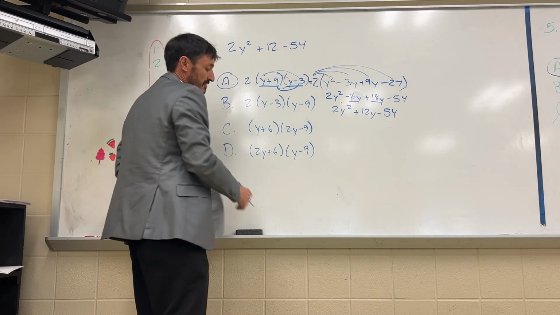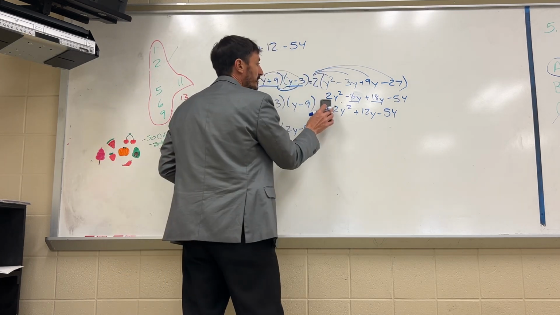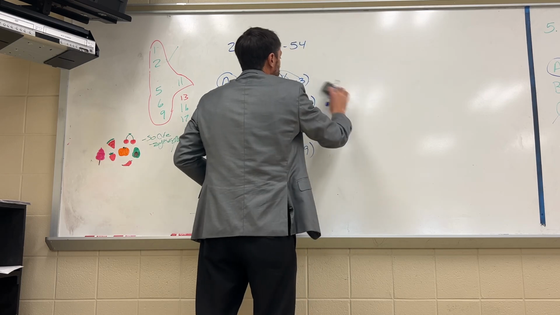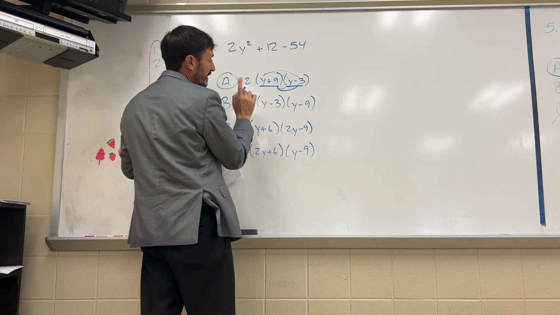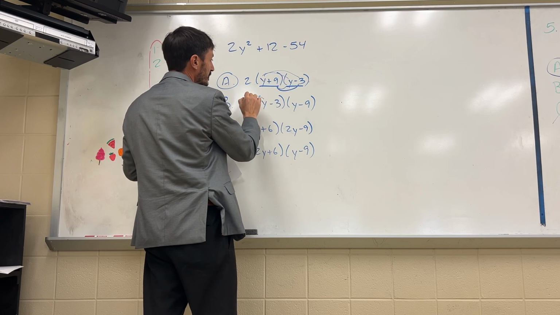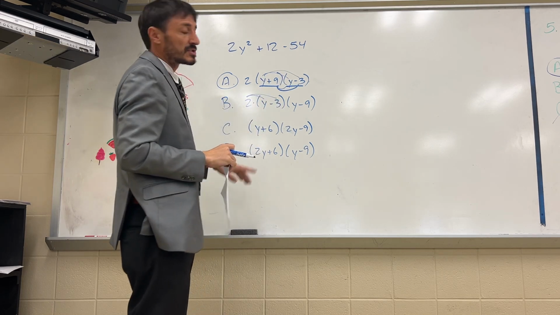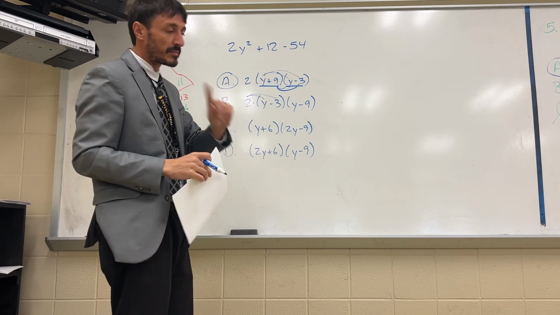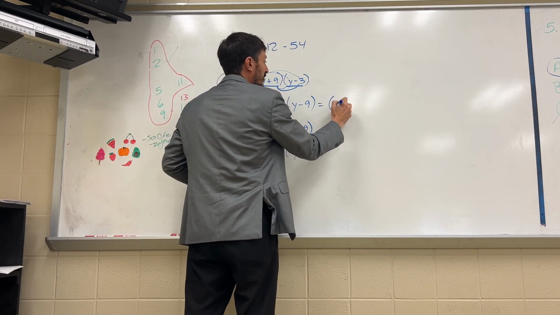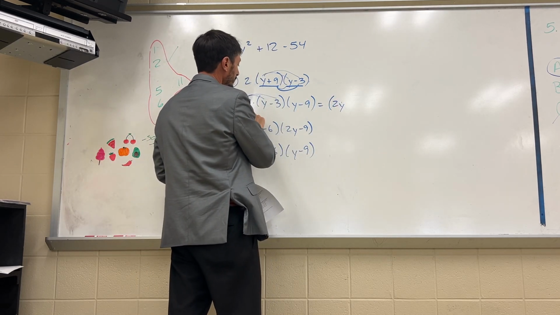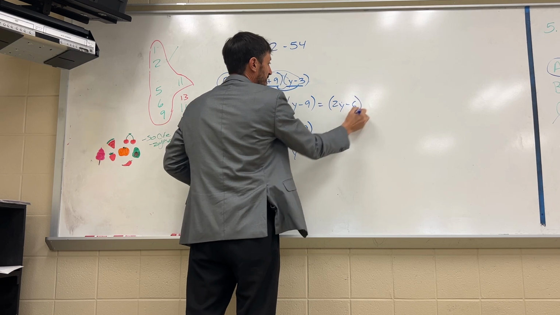Let me show you answer option B, another way to do this, and then we're going to move on to the next question. For example, on answer option B, if this 2 is sitting in front, you can distribute the 2, but if you distribute the 2, you can only distribute it to one of the binomials. So like this, 2 times y gives a binomial of 2y, and 2 times negative 3 gives a negative 6.